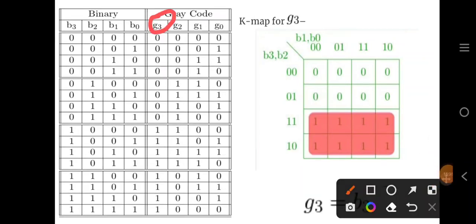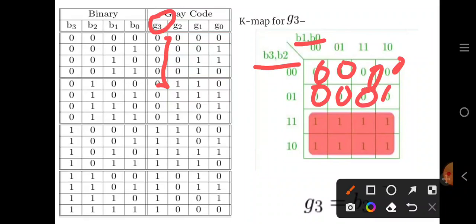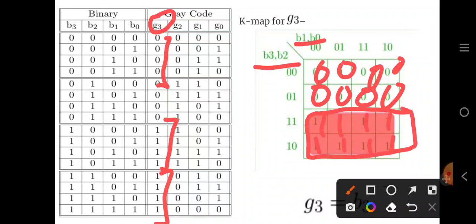G3. Then draw the K map for 4 variables B1, B0, B2, B3. Put all these numbers 0, 0, 0, 0, then 0, 0, 0, 0, then 1, 1, 1, 1, and 1, 1, 1, 1. And the next procedure is to make the group of maximum numbers.